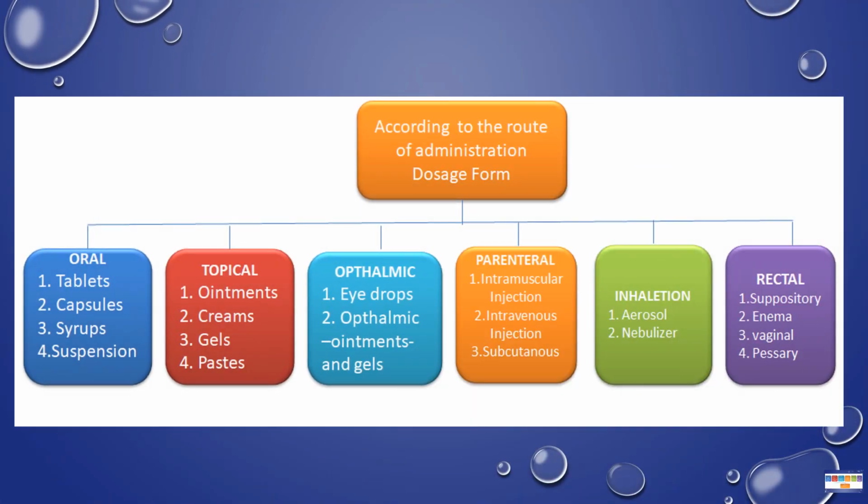This slide schematically shows the relationship between the route of administration and the dosage form. So, per os, orally, we use tablets, capsules, syrups, suspensions, or topically used ointments, creams, gels, pastes. For ophthalmic use, we use such forms as eye drops, ophthalmic ointments, and gels.